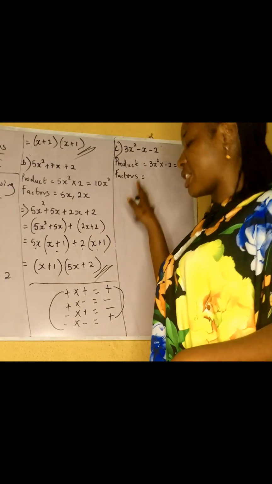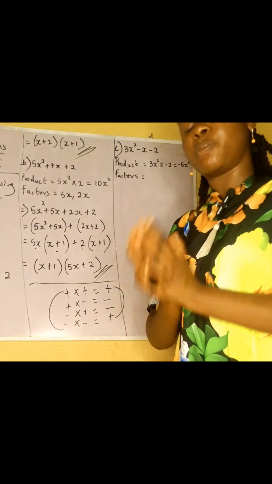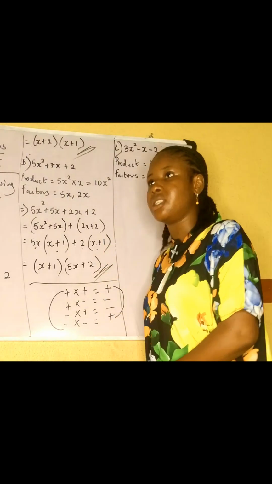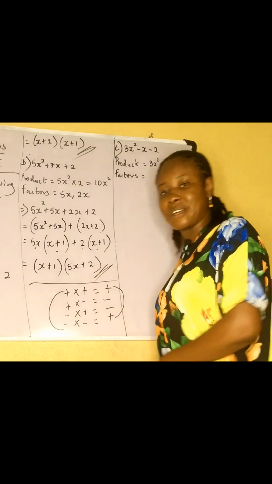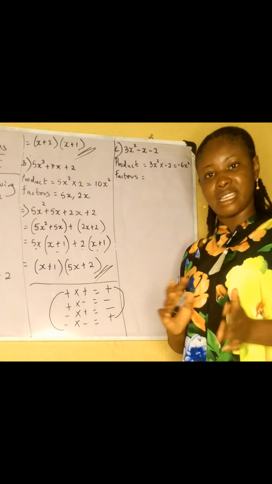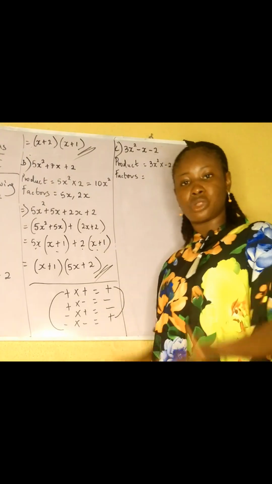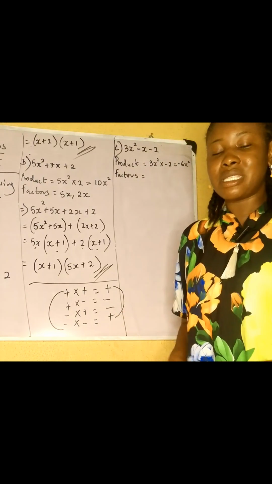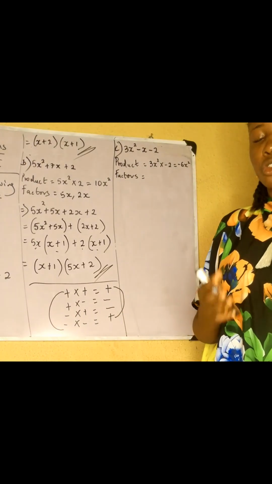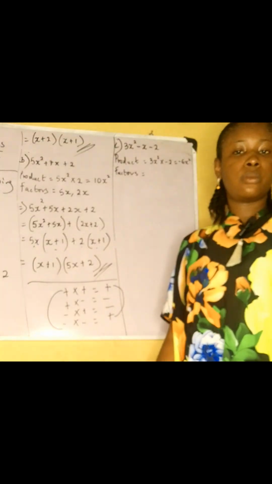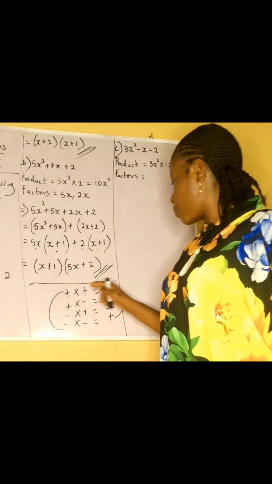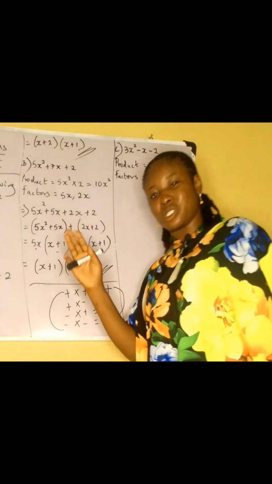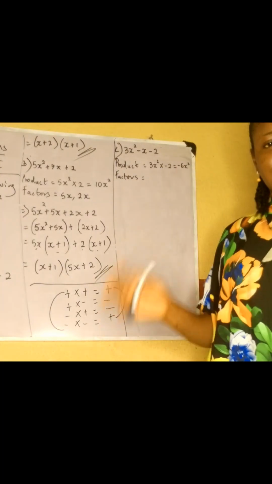If your middle term is positive, the factors will be positive. If the middle term is negative, the factors will be negative. Did you get that? So when your product is positive, your factors have only two choices. Either they are positive or they are negative.